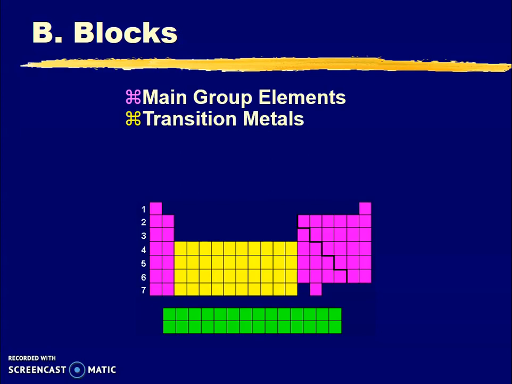Then what's currently yellow is the transition metals, and as we continue to move forward, we'll see what kinds of special properties the transition metals have. And then what's written down here in green, these are the inner transition metals. Okay, so we'll learn how to work with those in the future as well.